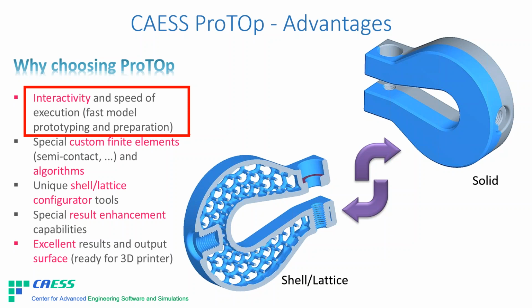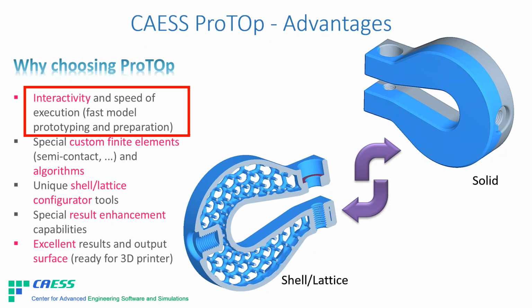Because getting the optimization model really right, so that it is well defined and actually returns a good result, is a very tricky business. And if you have only this batch job way of doing it, it becomes incredibly difficult. So ProTOP is really focused on this interactivity. It has great restart options.